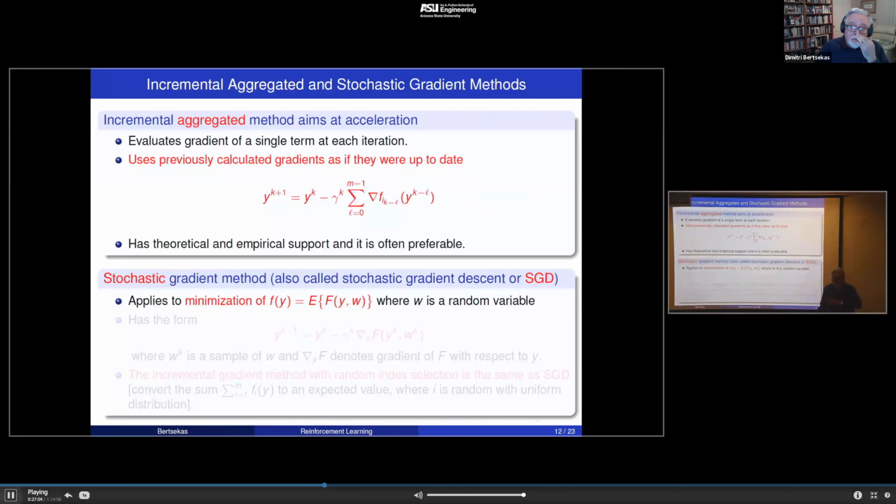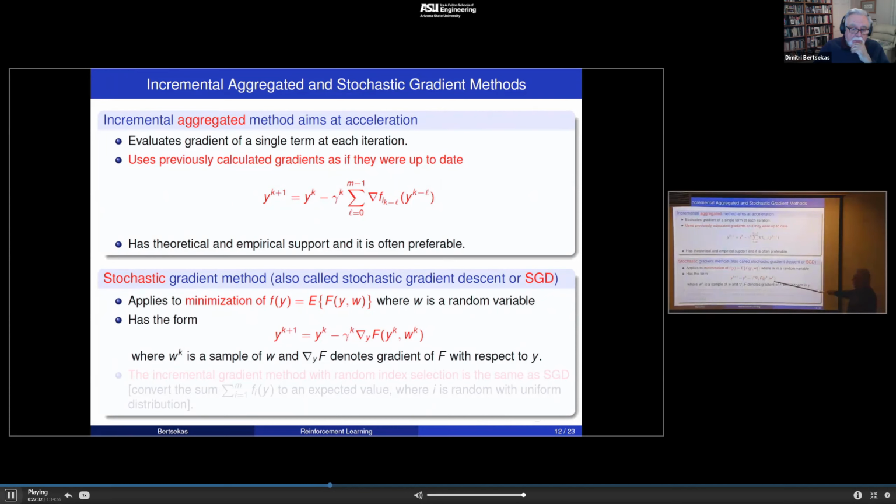Expected values are weighted sums. So it's not surprising that incremental ideas would apply to minimization of this expected value. And the way it works, at the current iterate, we sample this random variable, and we use the gradient corresponding to the sample, not the expected value, which involves the full sum, but just the gradient of a sample. Okay?